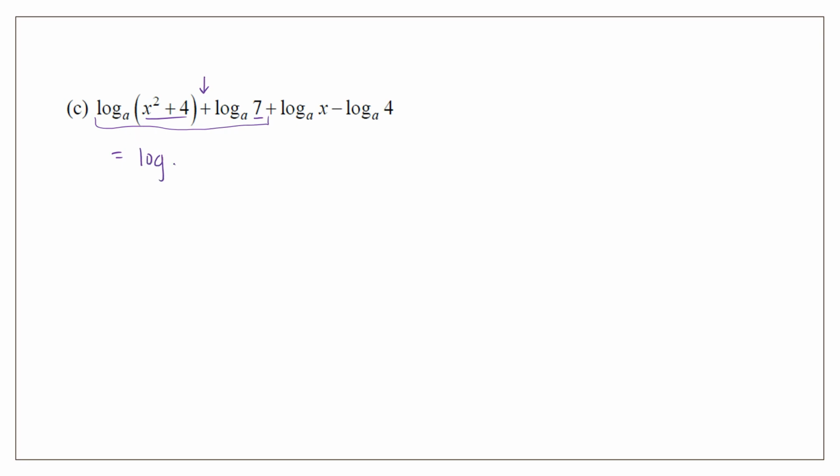So log base A of x squared plus 4 times 7, plus log base A of x minus log base A of 4. And we then can combine these two logs together.